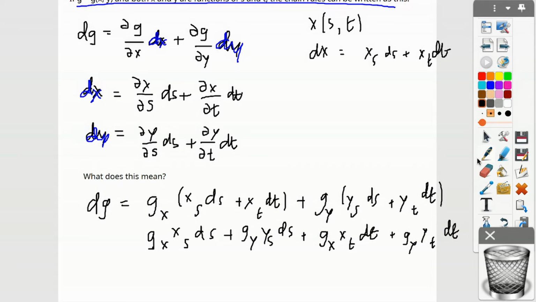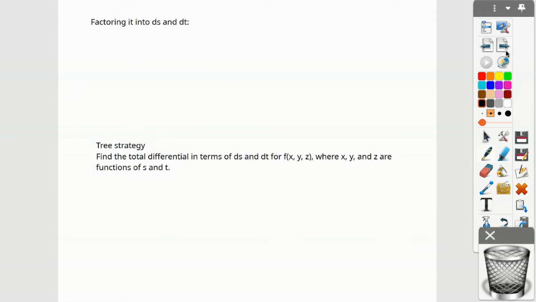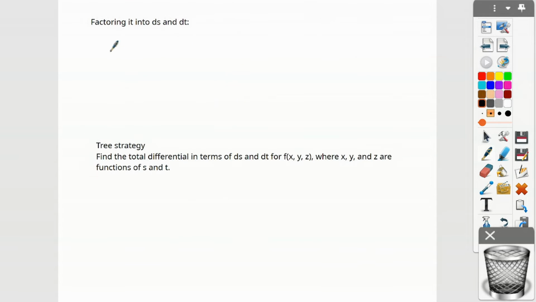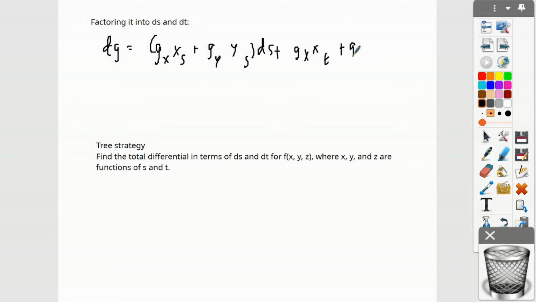You can group these. So if we factor it into ds and dt, what we'll end up getting is dg is equal to g sub x sub s plus g sub y sub s, ds, plus g sub x sub t plus g sub y sub t, in parentheses, of course, dt.